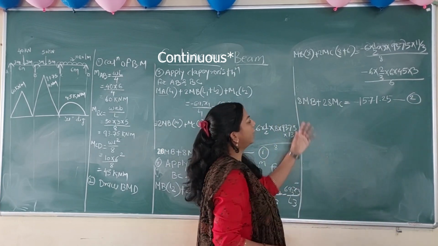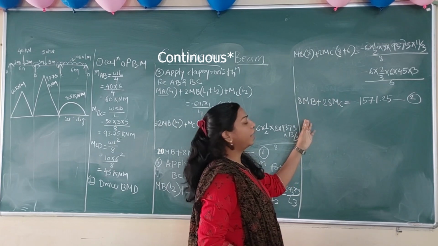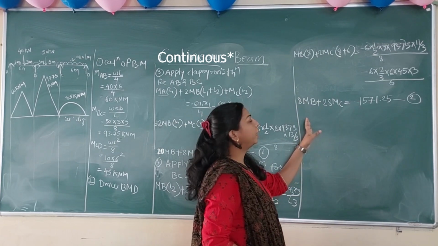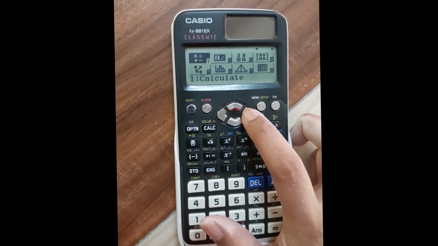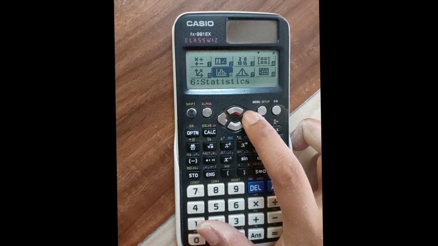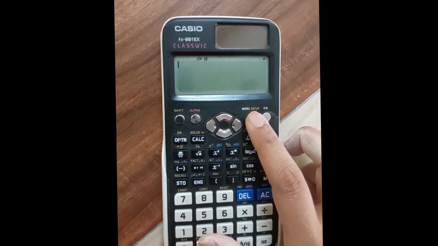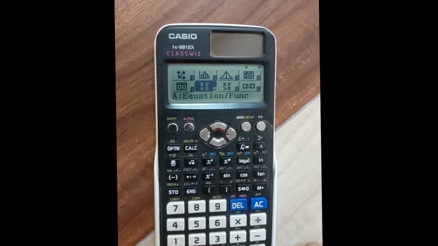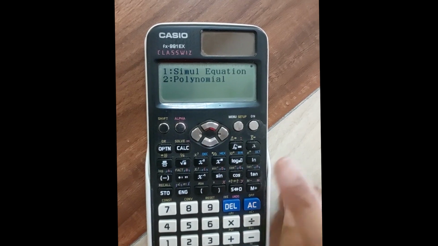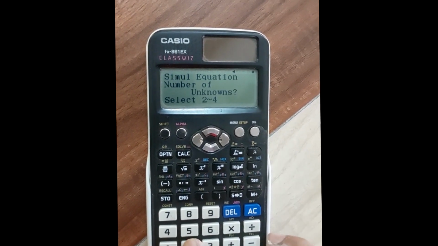You can solve the simultaneous equations by using the analytical method or directly on a calculator. The unknowns are 2.